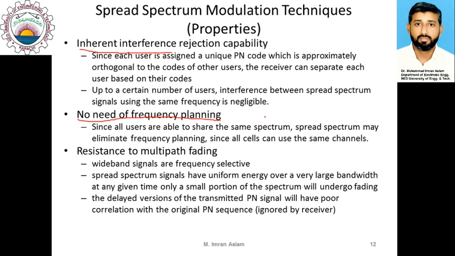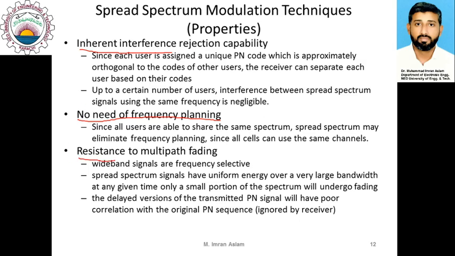But for this spread spectrum technique, we do not require that. We just need orthogonal pseudo noise codes for each user, so that they result in a small cross correlation whenever you have a different code.